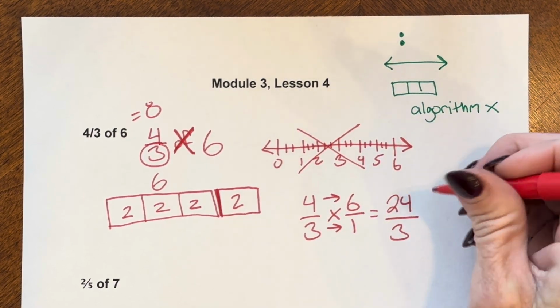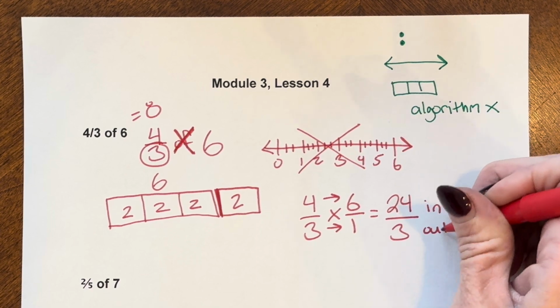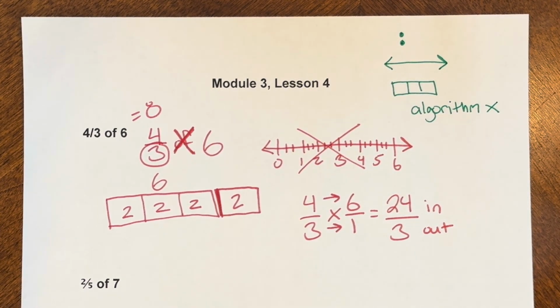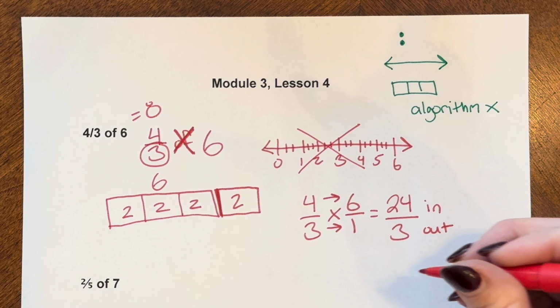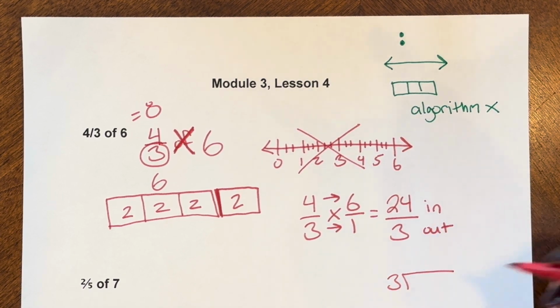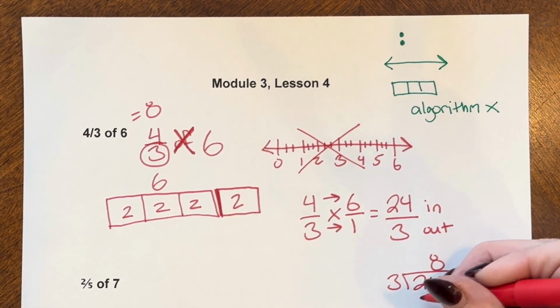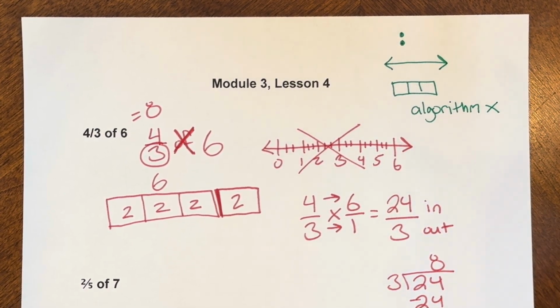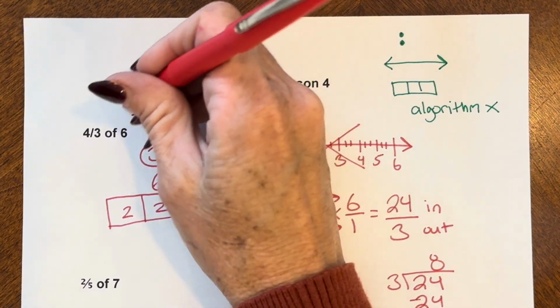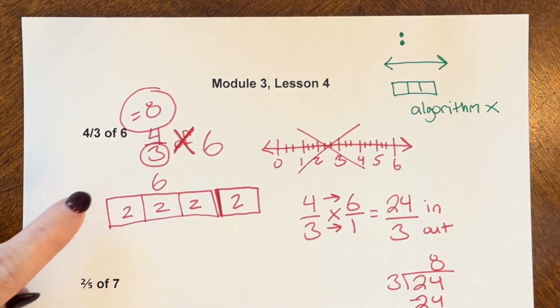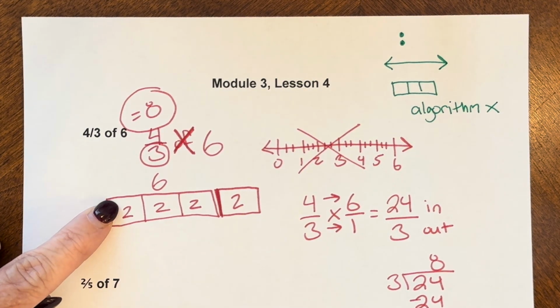And because this is a greater than 1 fraction, I am going to use division. I'm going to say 3 goes outside, 24 goes inside. And 24 divided by 3 is 8, with nothing left over. So of the methods, I probably would have gone straight to that one, even though the tape diagram did work.